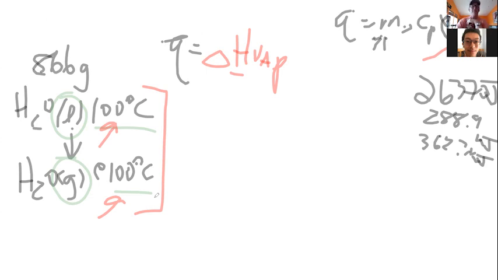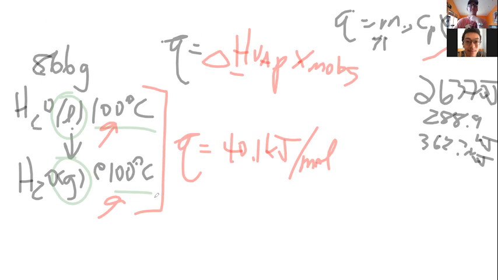To figure out Q for this, I need the heat of vaporization and the number of moles that's undergoing that vaporization. So Q now would be the heat of vaporization for water, which is 40.1 kilojoules per mole, and the number of moles. And if you remember, we calculated that at the beginning, and it's still 48.07 moles.